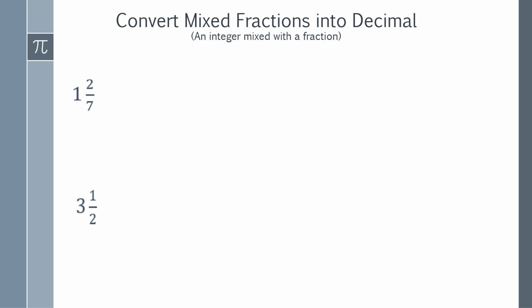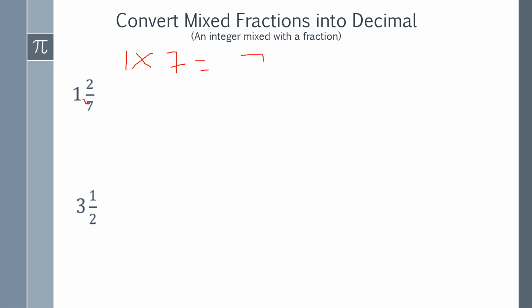So first thing you need to do when you're converting a mixed fraction into a decimal is turn that mixed fraction into an improper fraction. And to do that, you multiply the integer, or the whole number, times the denominator. So 1 times 7, that's equal to 7.